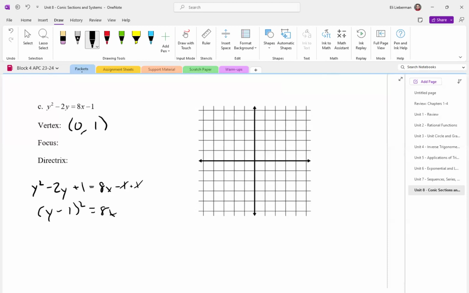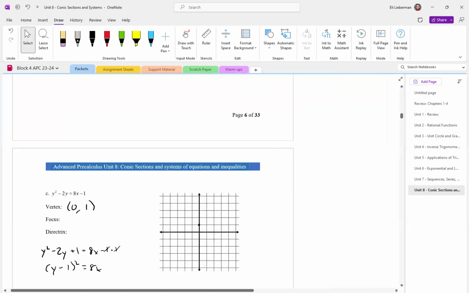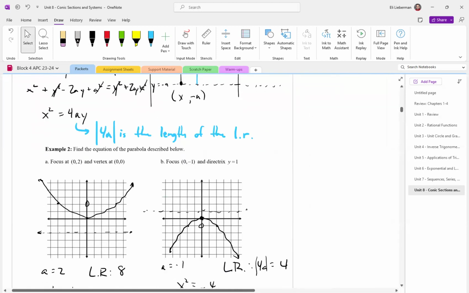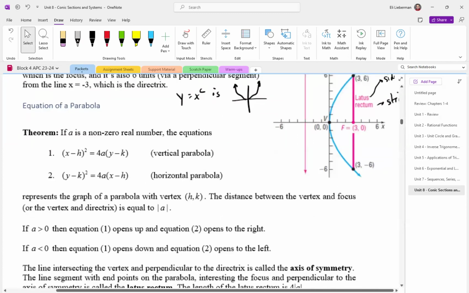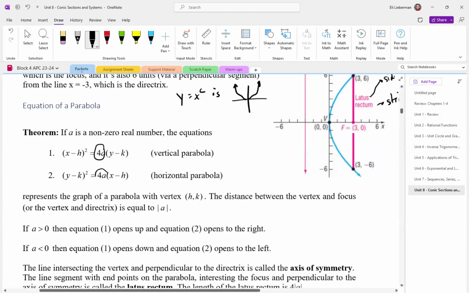And then where I got stuck was finding the focus, because we plug it into the formula and you get a equals 0, which I might be doing it wrong. What formula did you plug it into? x squared equals 4... Yes, you're thinking too much there. In order to do this, all we have to do is look at our basic formulas and say, hey, the 4a is just the coefficient of either the y's or the x's.